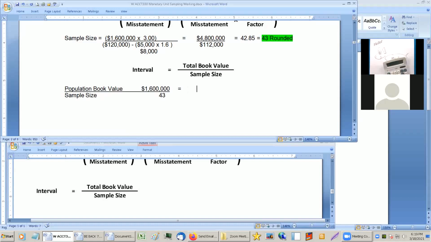So the first one that would cross 7, 9. And yeah, you can definitely round that off. Probably to the nearest dollar, and if you did take a larger sample size, it would not hurt anything. So this is the interval.